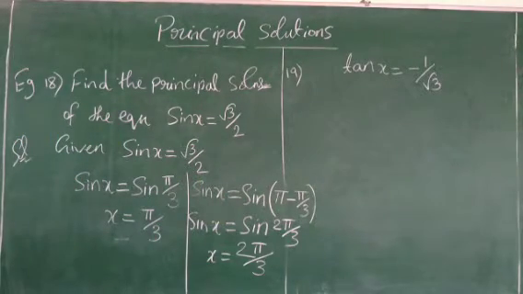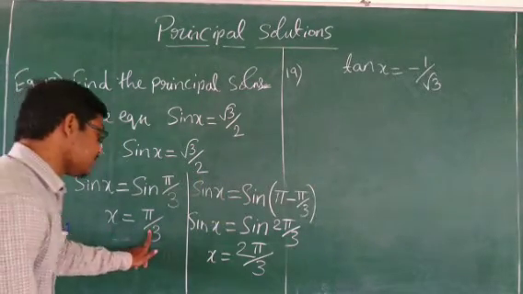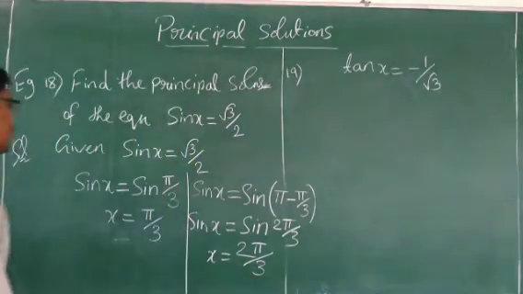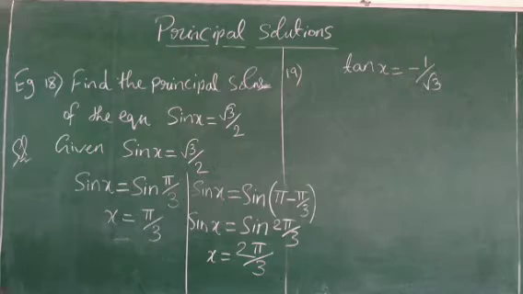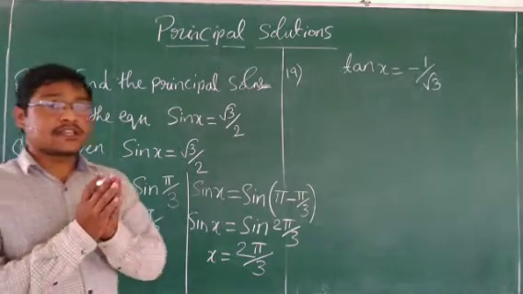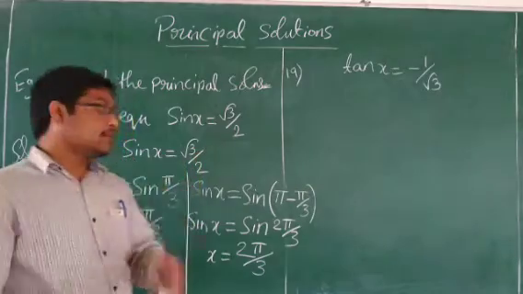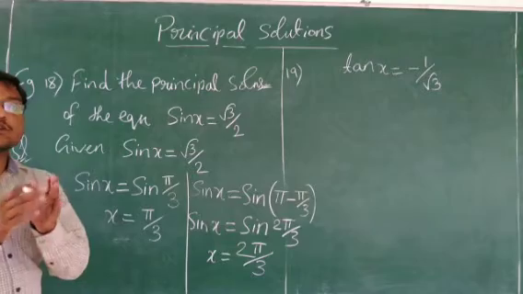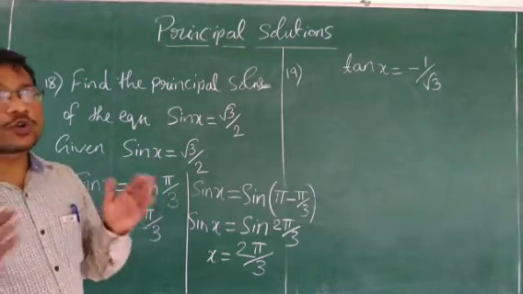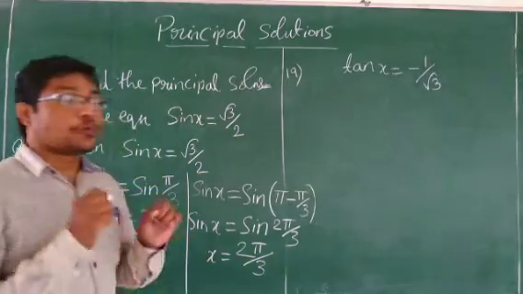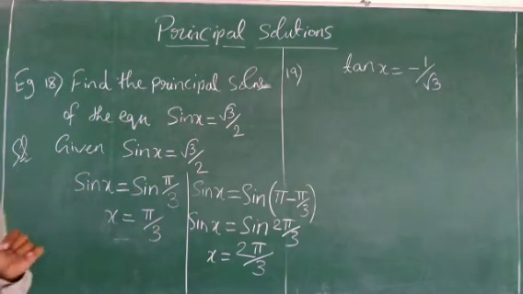So now we are getting one angle in the first quadrant, another angle in the second quadrant. Now you can observe this is pi by 3, which is between 0 to 2 pi. This is 2 pi by 3, which is also between 0 to 2 pi. The angles you get here should be between 0 to 2 pi.